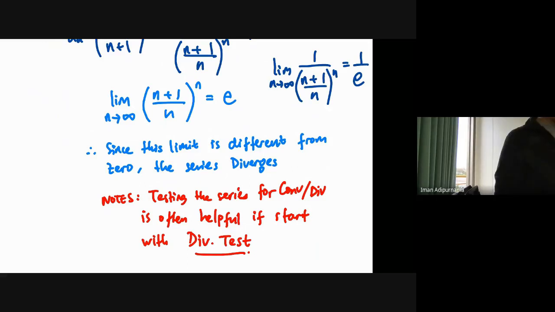So from here, from 11.6 to the next, 11.7, we will move to how we choose the method, which method we need to use, some strategy to help.